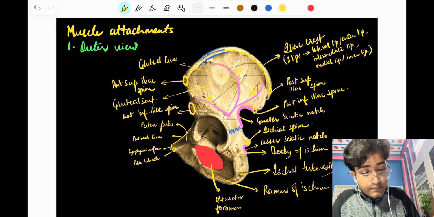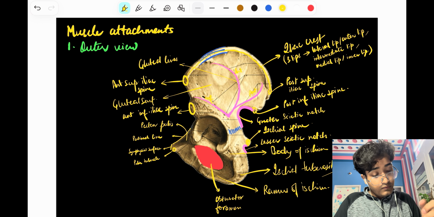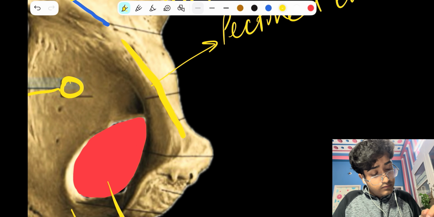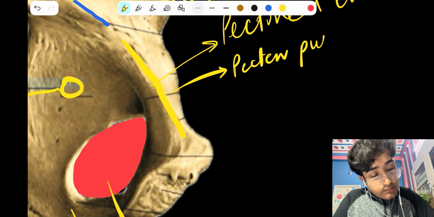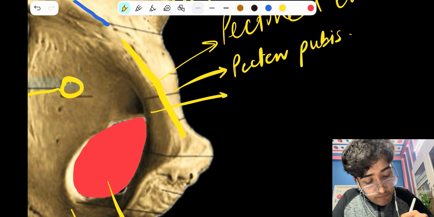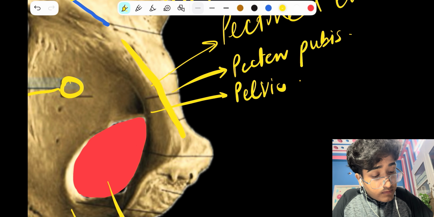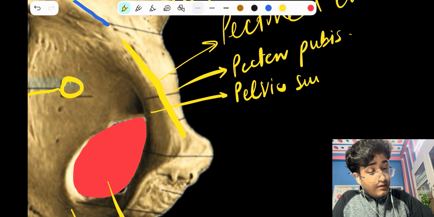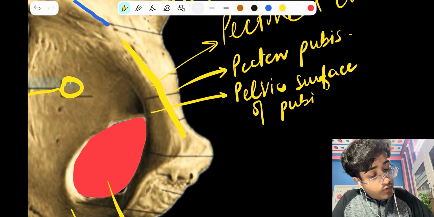Here also you can see the pecten pubis. And this is the pelvic surface of the pubis bone.